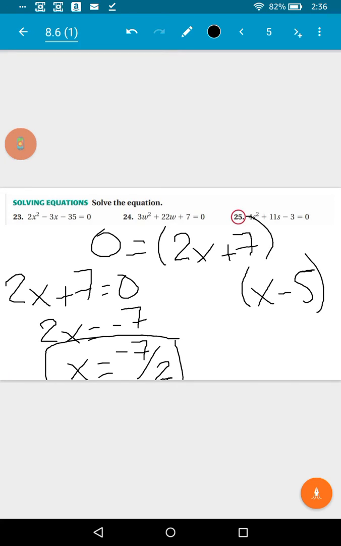That's your first answer. Over here, same thing. The opposite of -5 is +5. So you have 5 equals x. That was that extra step that I was asking you guys about with your homework over the weekend, when you have a question that says solve the equation and it's set equal to 0.